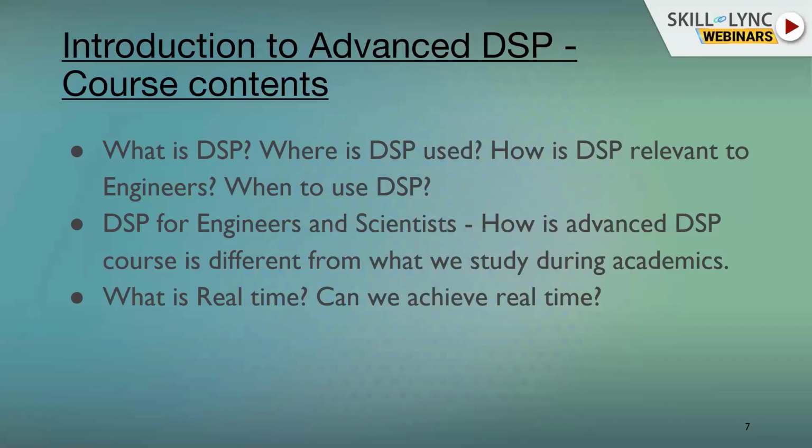Okay. So DSP for engineers and scientists. How is the advanced DSP course different from what we study in academics? During academics, we study up to the digital filter part, and to some extent the Fourier transform, the FFT algorithms, and some part on speech signals. But is it sufficient for you to be a DSP engineer? That's where we have to think about different angles.